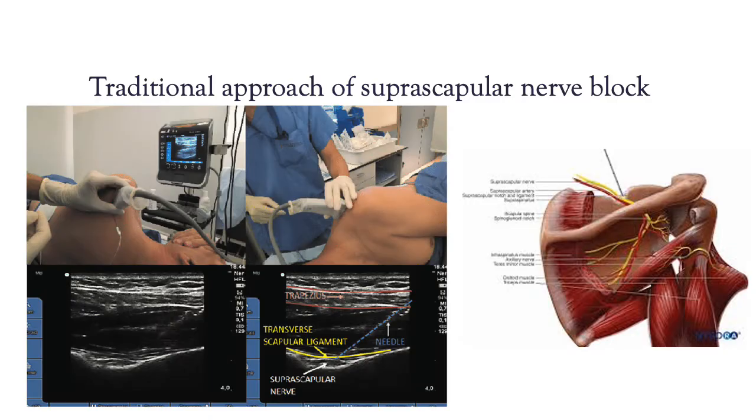So how do we do the suprascapular block? This is the classical approach. We usually turn the patient lateral or ask the patient to sit up, and then we use the linear probe to place it between the spine of the scapula and the clavicle.